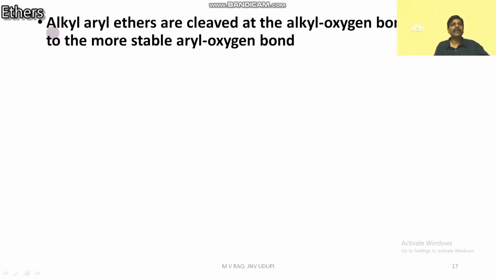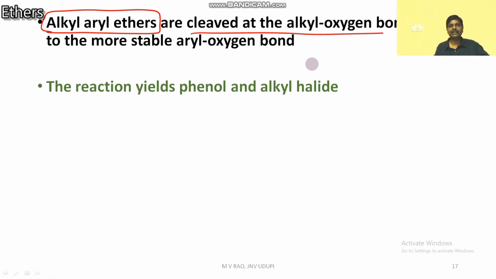So next one, alkyl aryl ethers, anisole. Aromatic ethers are cleaved at the alkyl oxygen bond to the more stable aryl oxygen, because here you can see this is alkyl group, this is aryl group. Which bond will break?